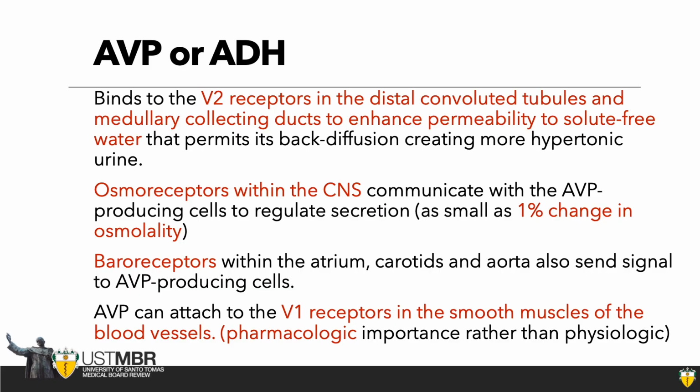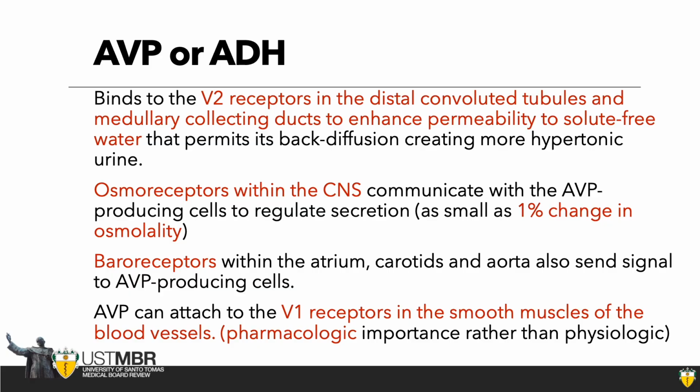There are baroreceptors within the atrium that also trigger antidiuretic hormone. Obviously, if your blood pressure goes down, the baroreceptors will be triggered to reabsorb water to help improve your blood pressure. This is one of the mechanisms by which blood pressure is maintained. However, this is not as sensitive as osmolality. It takes a few more percentage change in blood pressure before antidiuretic hormone will be activated, unlike osmolality.